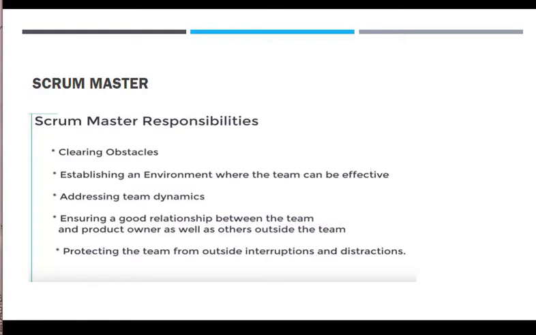So the Scrum Master has many responsibilities here: establishing an environment where the team can be effective, addressing team dynamics, and ensuring a good relationship between the team and the product owner as well as others outside the team, protecting the team from outside interruptions and distractions.